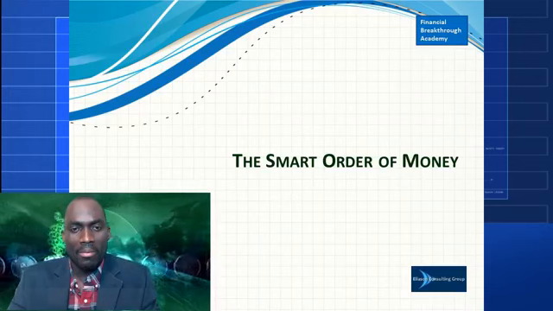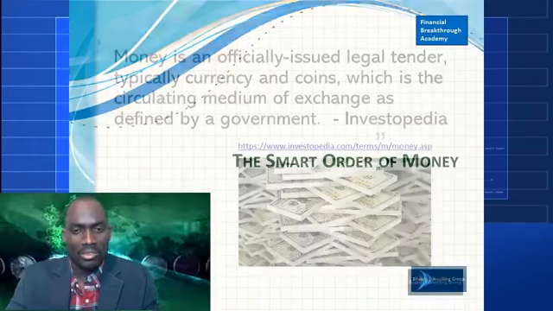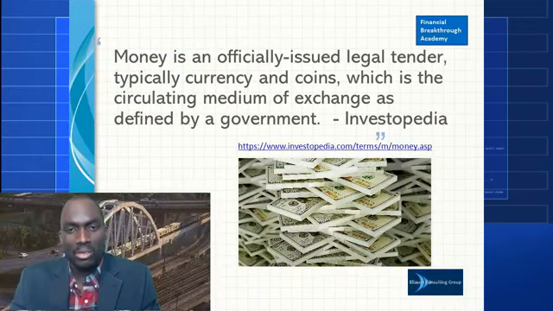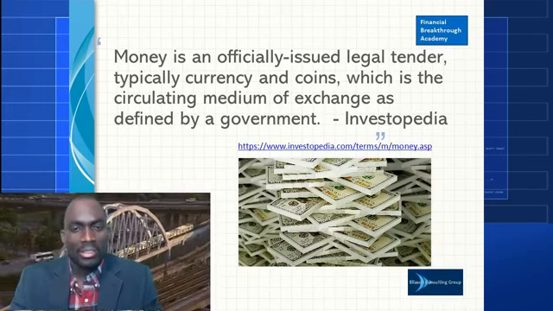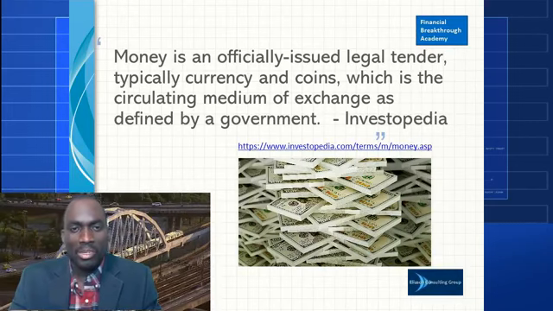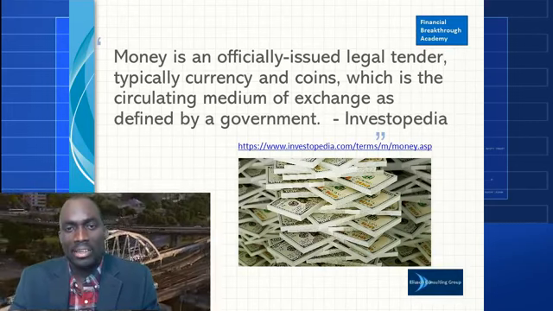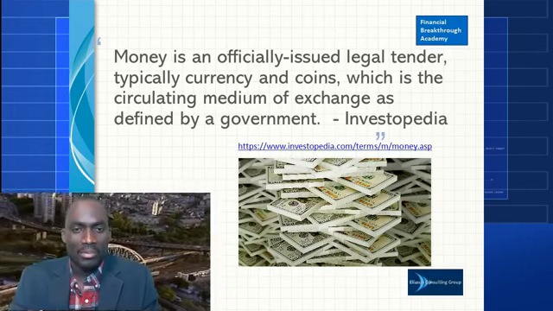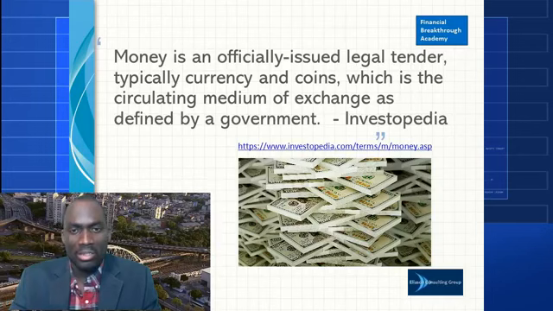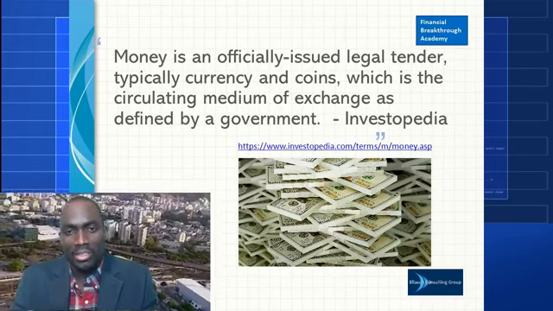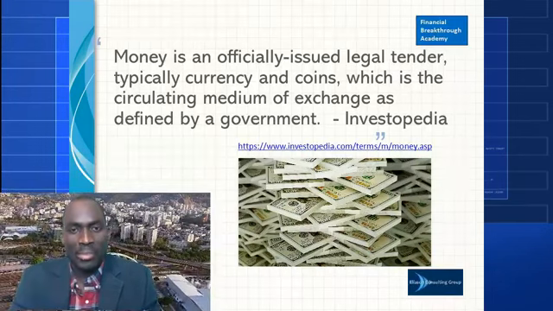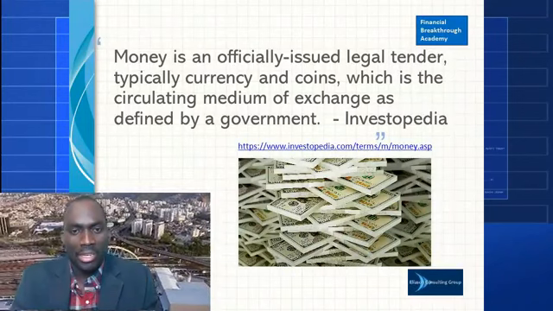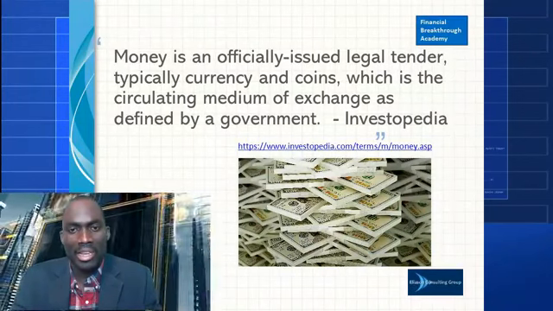Well, before we go any further, let's look at something quickly. According to Investopedia, the definition of money is that money is an officially issued legal tender, typically currency and coins, which is the circulating medium of exchange as defined by a government.